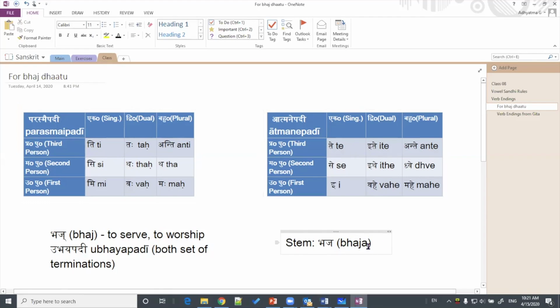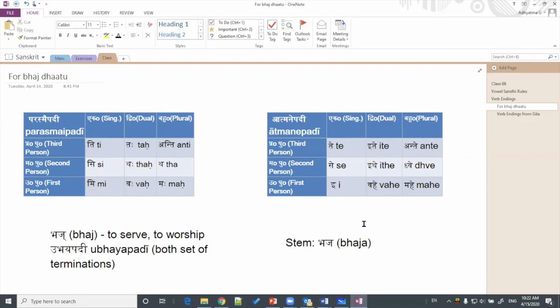It is just that when the stem is akaranta, it is very easy to apply. You know immediately how to make the forms. And as I said, you would be able to identify a multitude of forms because more than half the verbs in the whole dhatu patha have a stem ending in akara.